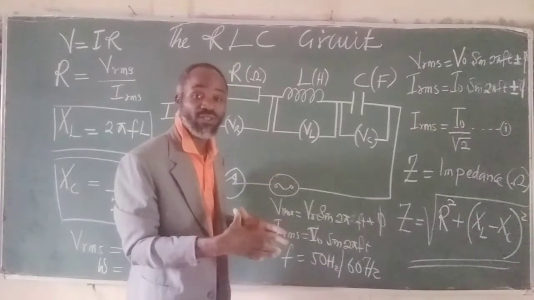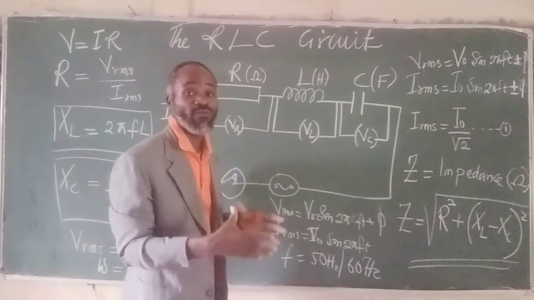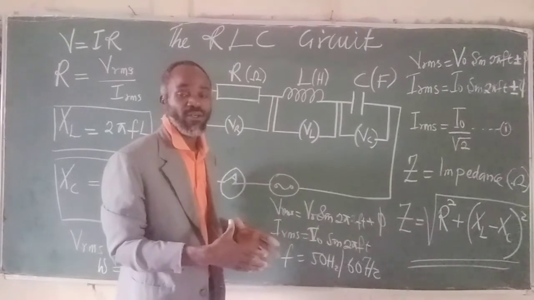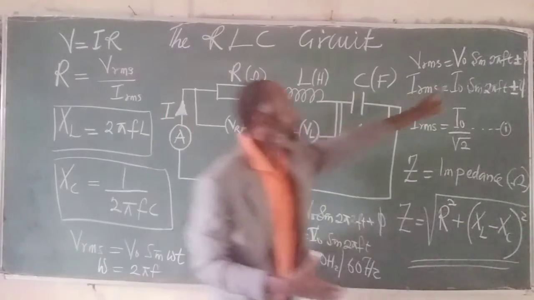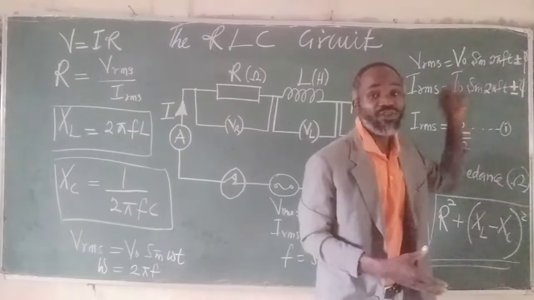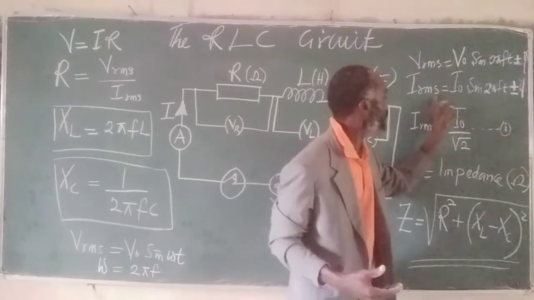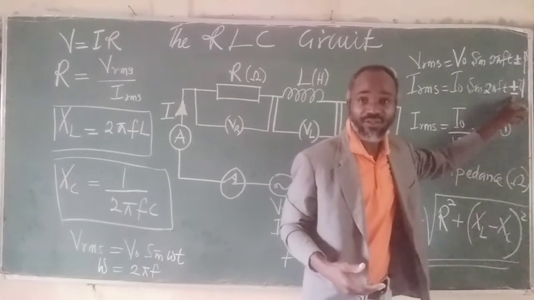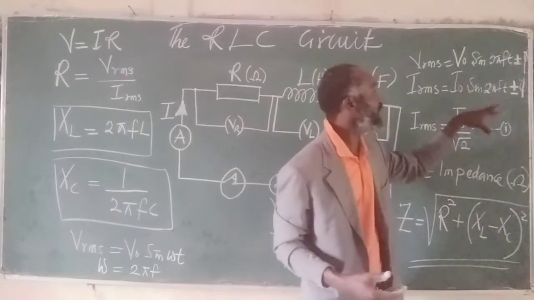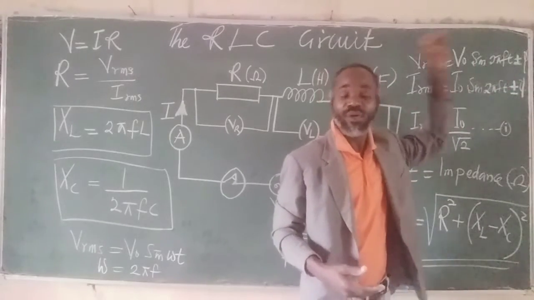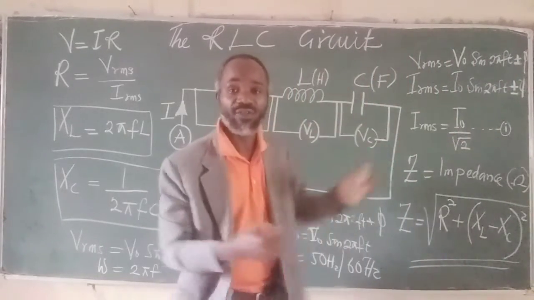it means that the inductive current leads. That's going to be plus. But if the inductive current lags, it is going to be minus. If it's the voltage that leads, it's going to be plus. But if it's the voltage that lags, it's going to be minus.